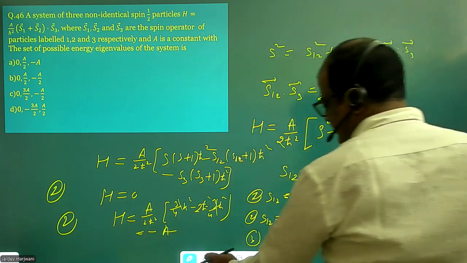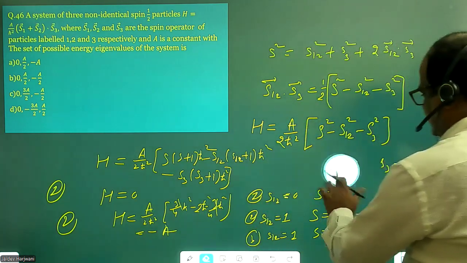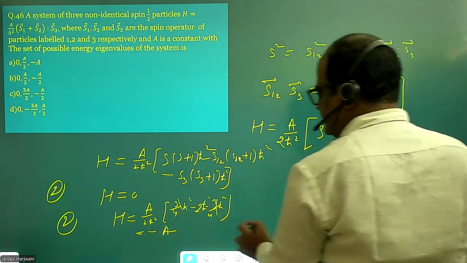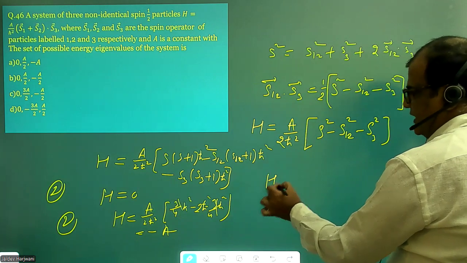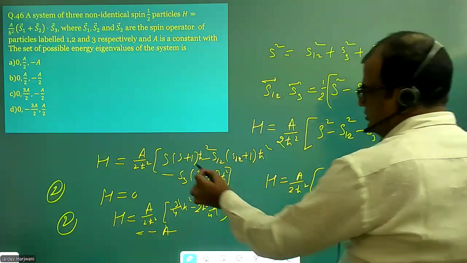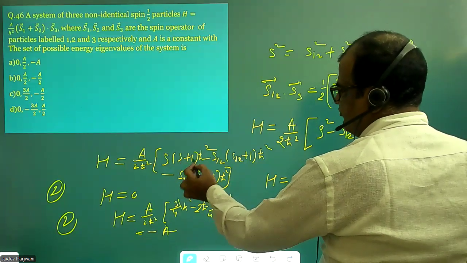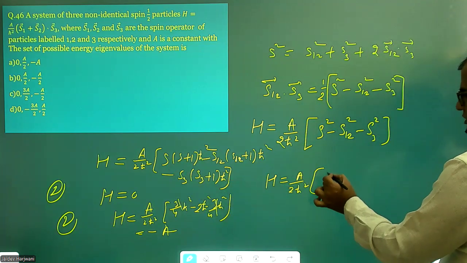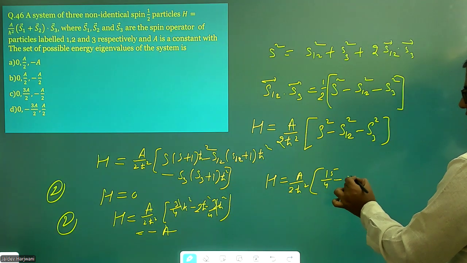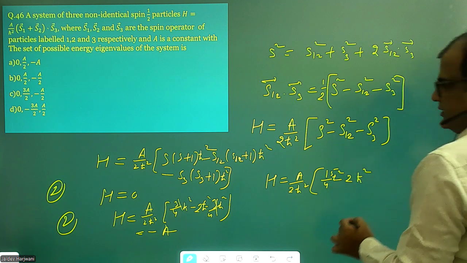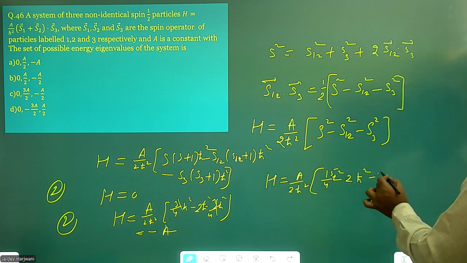And now let us find the third value. If I take S equal to 3 by 2, this becomes A over 2ħ² times 3/2 plus 1, 5 by 2, and 3/2 times 5/2 is 15 by 4 ħ², minus 2ħ², and minus again 3/4 ħ².